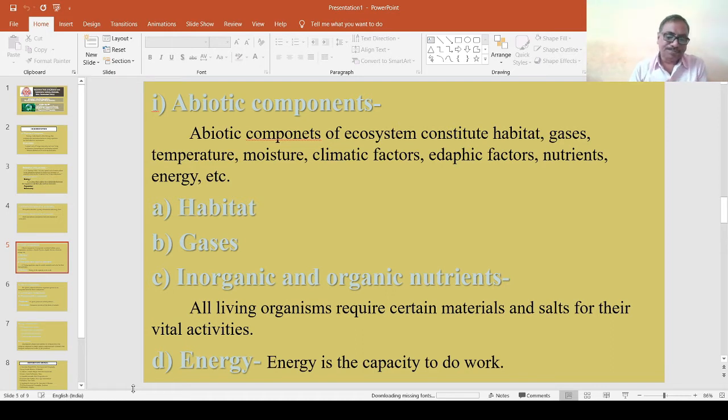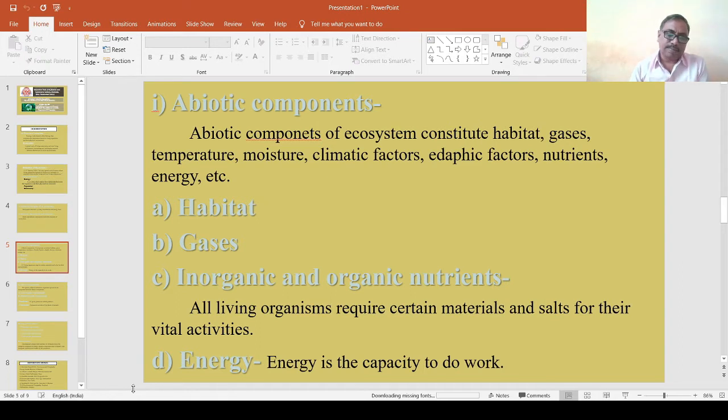As we know, the surface of the earth is covered by water, about 71%. And so 71% aquatic habitat on earth is characterized by different characters.